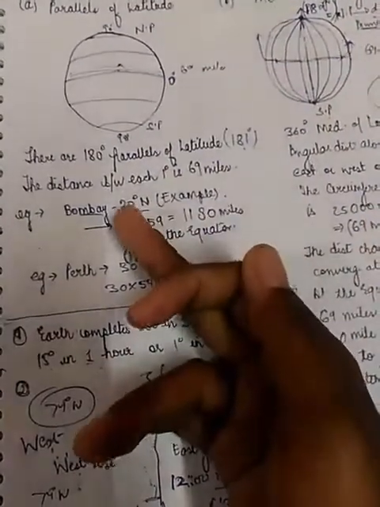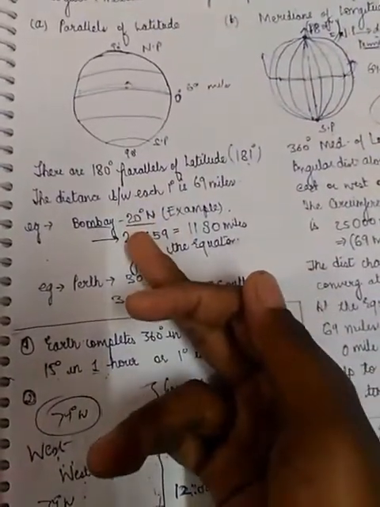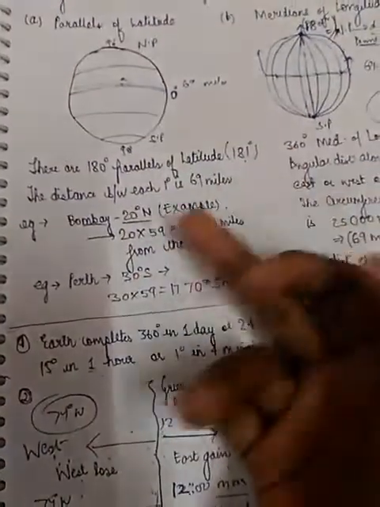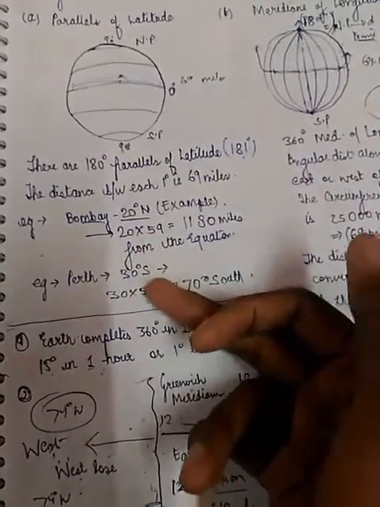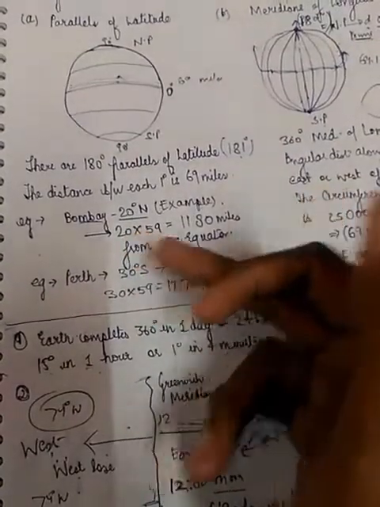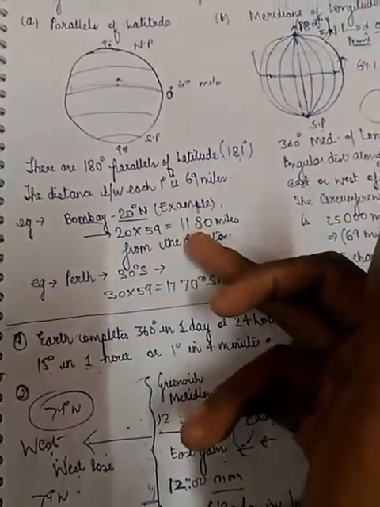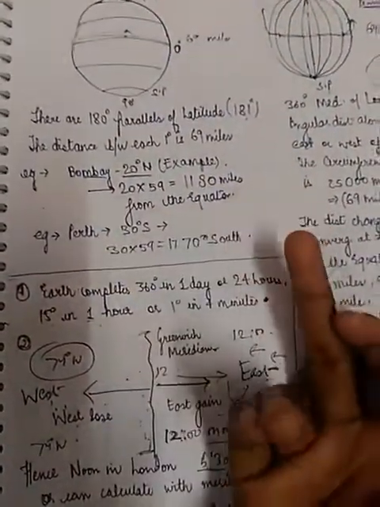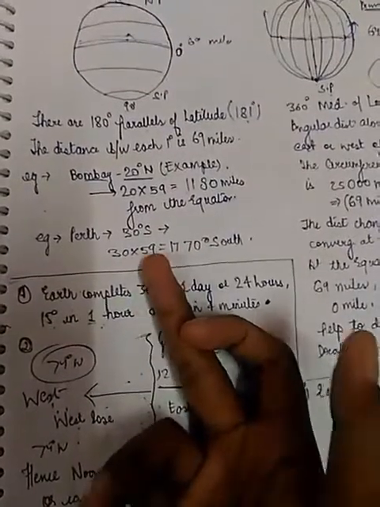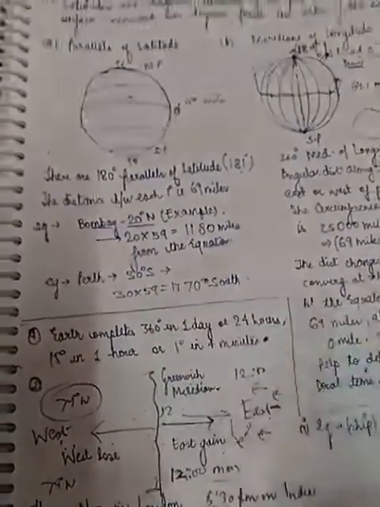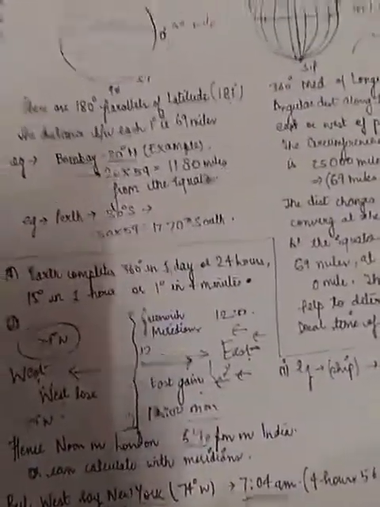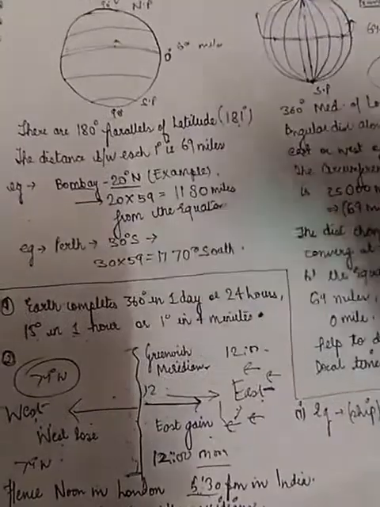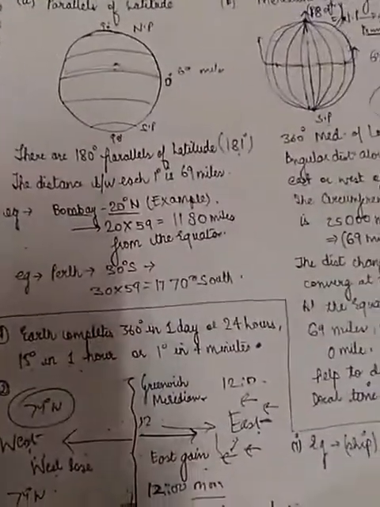It's 20 degrees north, so it covers 20 latitudes, and the distance between each latitude is 69 miles. So 69 into 20 will give us the answer. In the same way, Perth, in Australia, is suppose 30 degrees south. We'll multiply 30 into 69 and we'll get the answer. It's 69, not 59. This is how latitudes help us to locate a place on the surface of the earth.